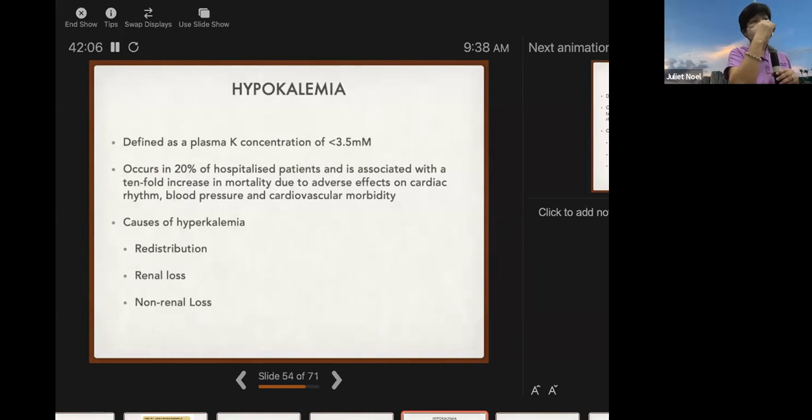That's why some patients would die because of hypokalemia. Okay, so that's redistribution. Renal loss: patients with renal tubular acidosis, the RTA, will have loss of potassium. Non-renal loss: GI, diarrhea. So you will end up having hypokalemia.